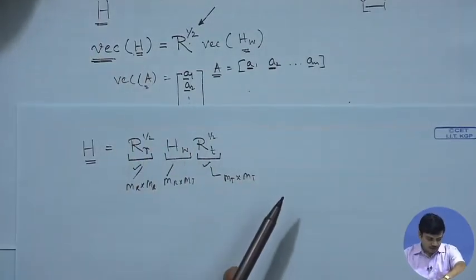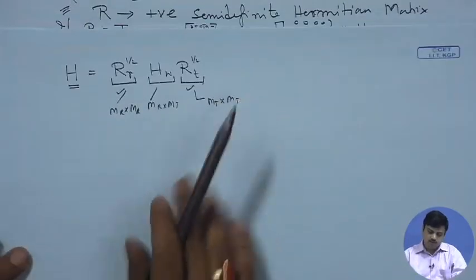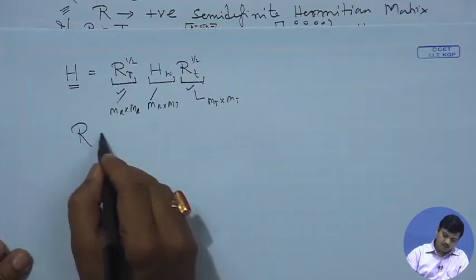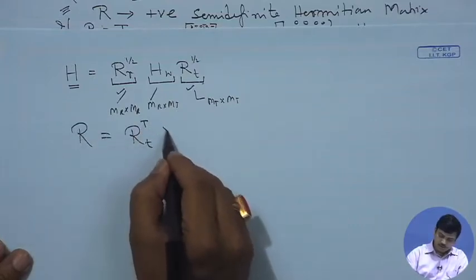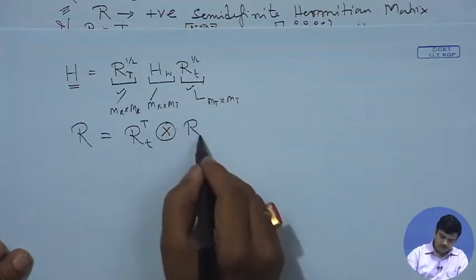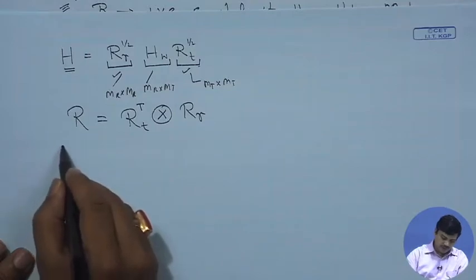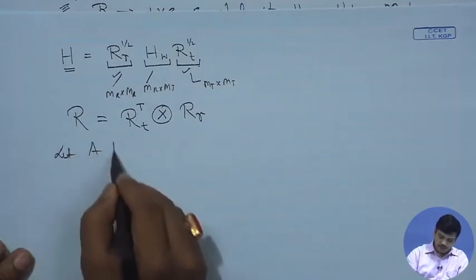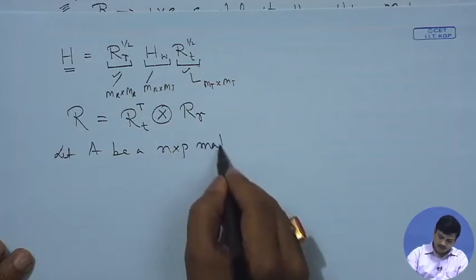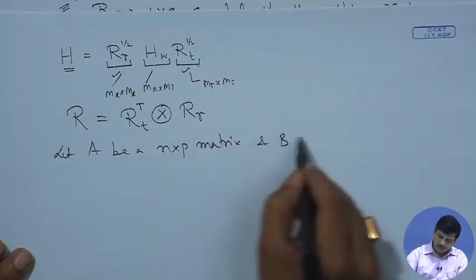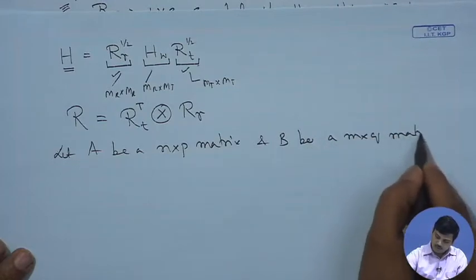Now, the relationship connecting R_R, R_T and R would be R is equal to R_T transpose Kronecker product with R_R, where a Kronecker product is defined in a way that let A be an N cross P matrix and B be an M cross Q matrix.